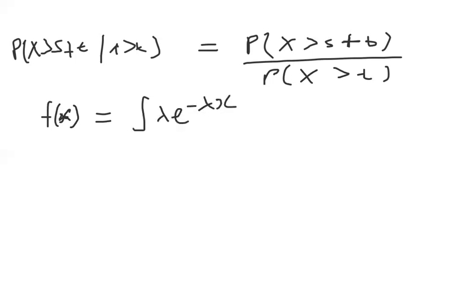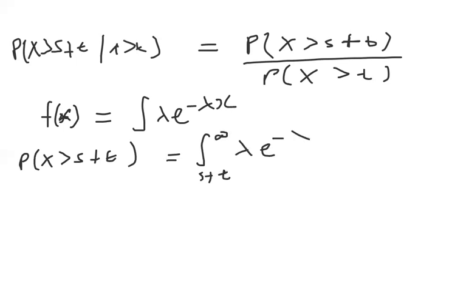In the case of the probability that X is greater than s plus t, it's the same as integrating from s plus t up to infinity of lambda e raised to negative lambda x dx.